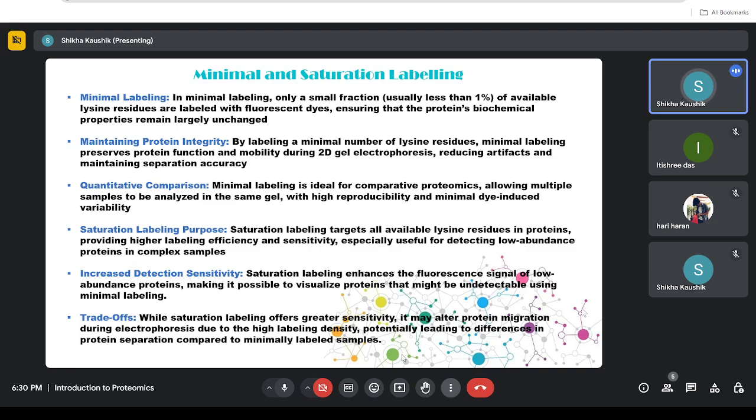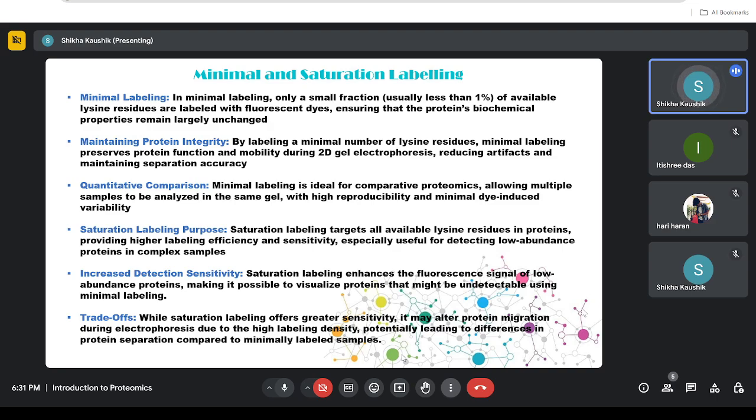It may change its mobility if all of the lysine residues are bound to the dye. Imagine how heavy it will become if all the residues are bound, because lysine is a very commonly present residue in proteins. If it binds to all of them, it will definitely affect its mobility.